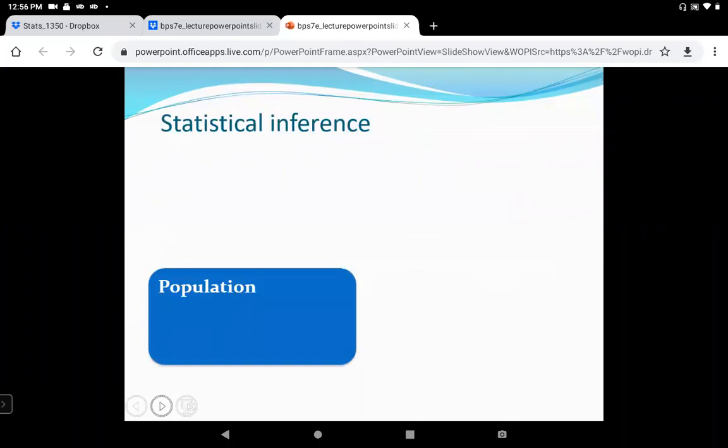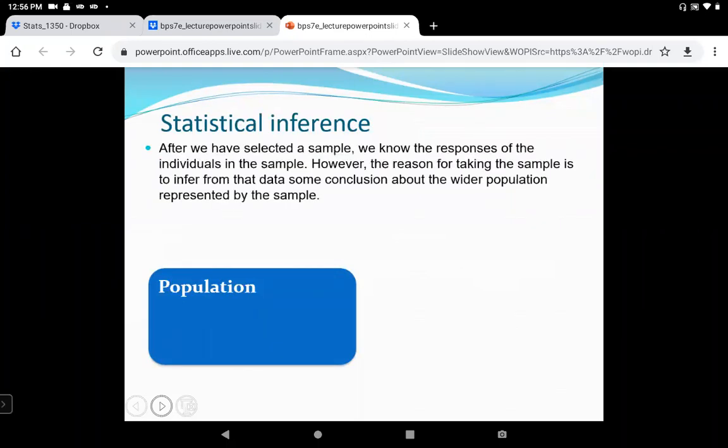Statistical inference about population. After we have selected a sample, we know the responses of the individuals in the sample. However, the reason for taking the sample is to infer from the data some conclusion about the wider population represented by the sample.